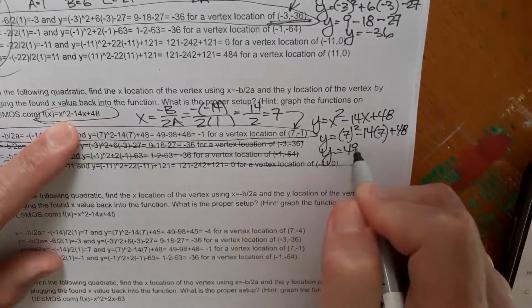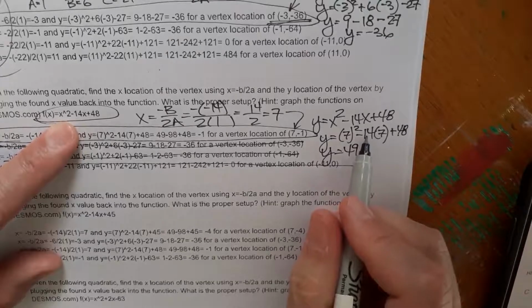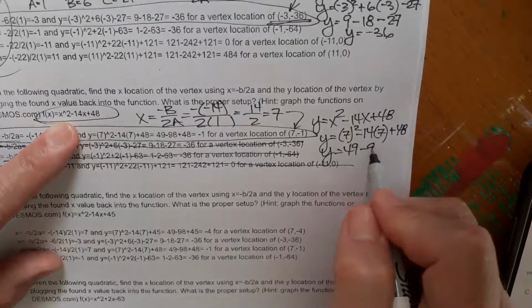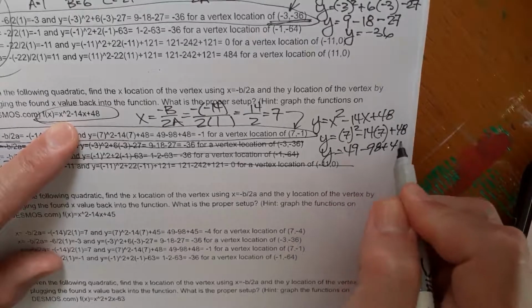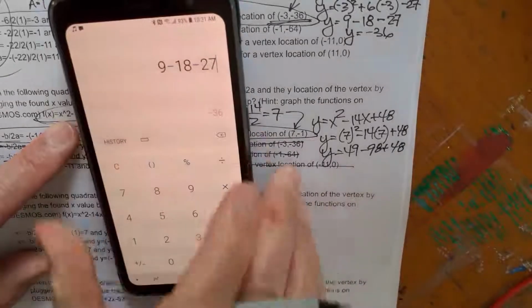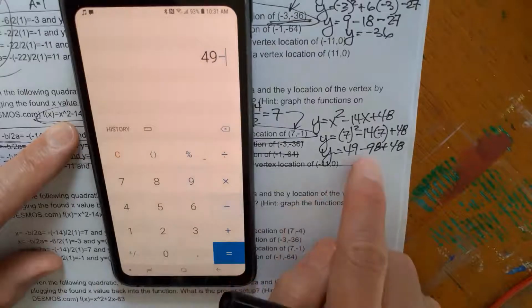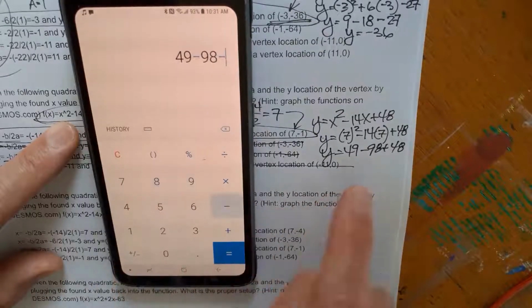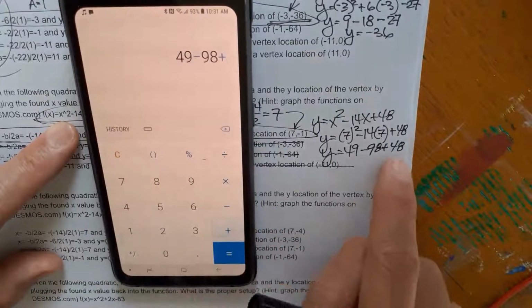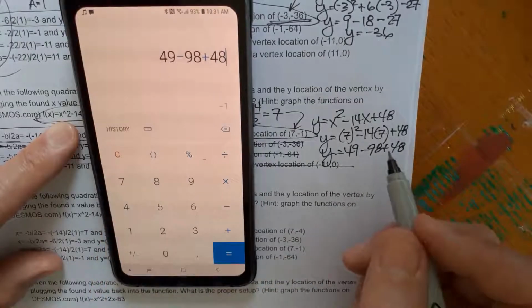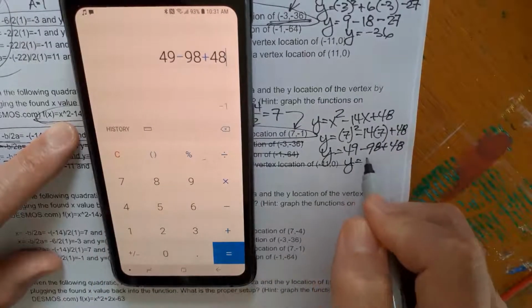Y equals 49 minus, what's this? 70 plus 28 is minus 98, plus 48. 49 minus 98 plus 48. Y equals minus 1.